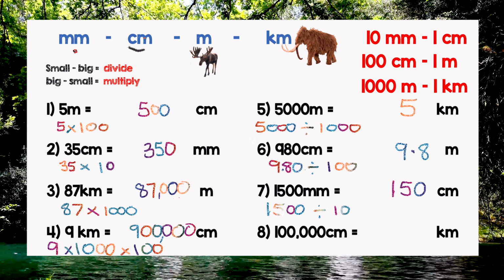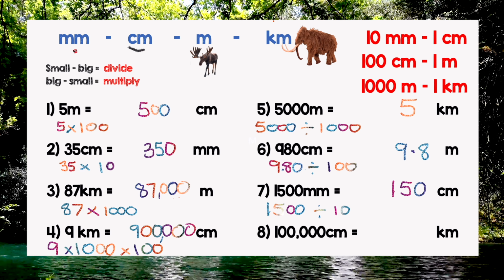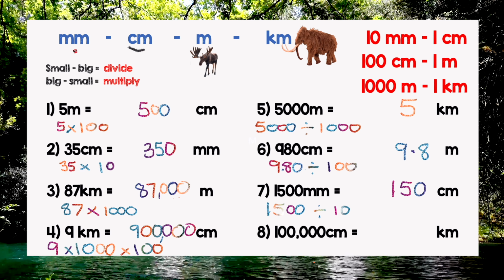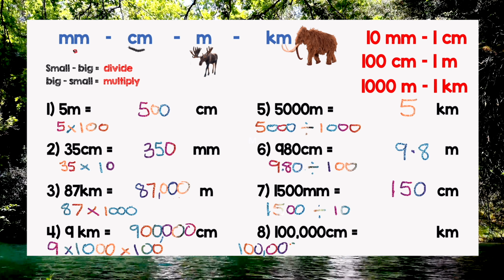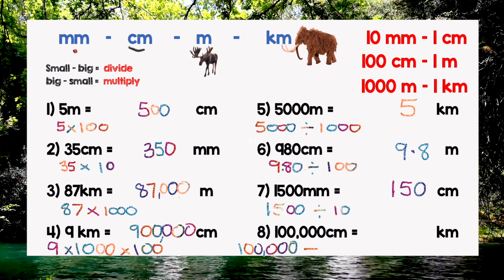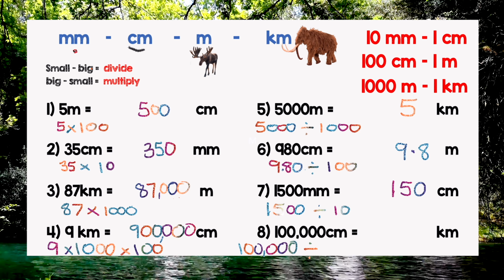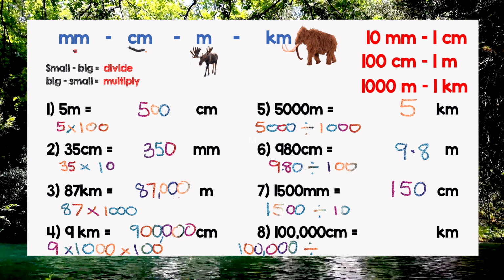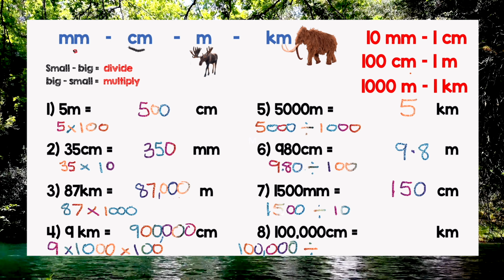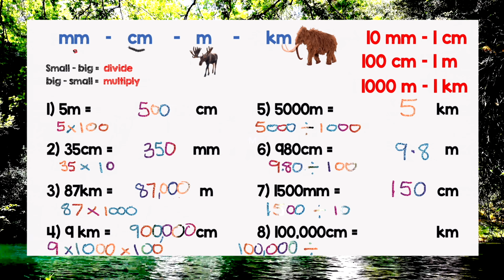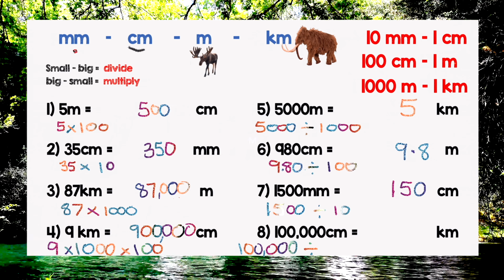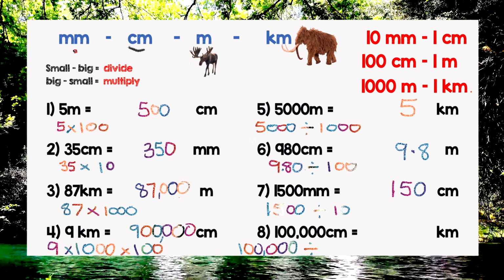And lastly, we have 100,000 centimeters, and we want to know how many kilometers that is. So we're going from small to larger to even larger. So we have 100,000, and we're going to divide, because small to large we divide. If we're converting from centimeters to kilometers, that's from here to here. There are 100 centimeters in a meter and 1,000 meters in a kilometer.